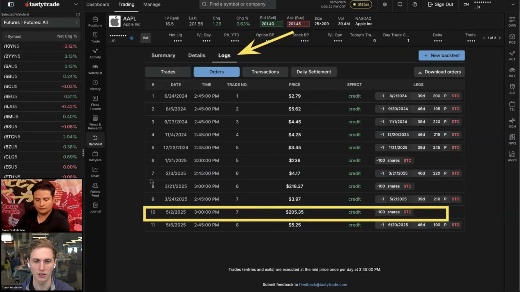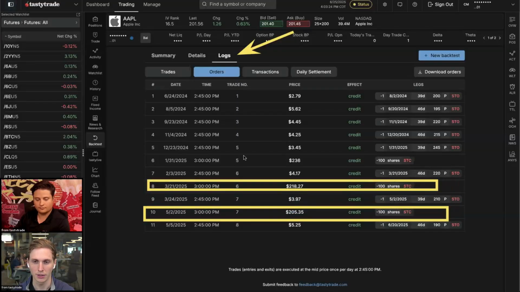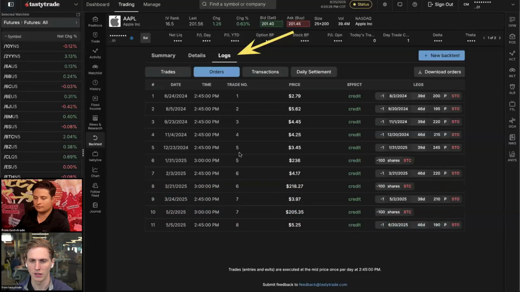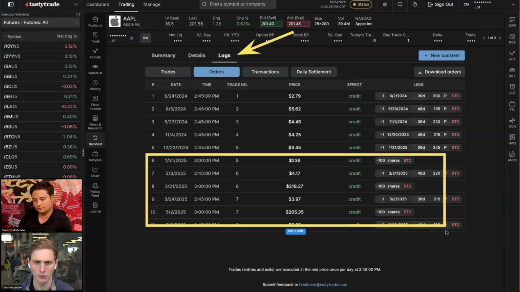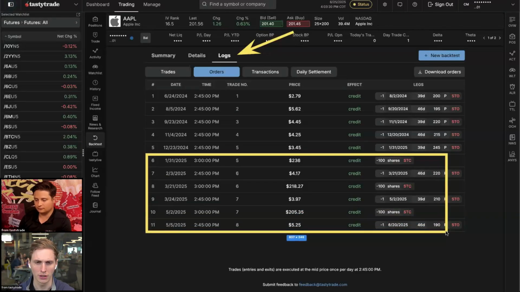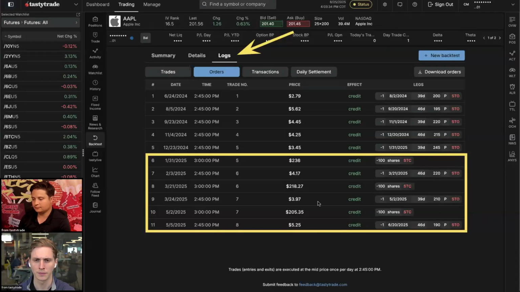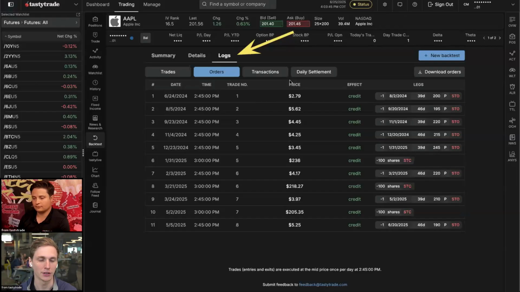So these are going to be the 3 times that we ended up getting assigned. It looks like the last three trades actually ended up getting assigned. That kind of makes sense too, if you look at the graph on Apple over the last year, there was a bit of a big crash. So we ended up in the money on those options. So it's considering the exercise and assignment.